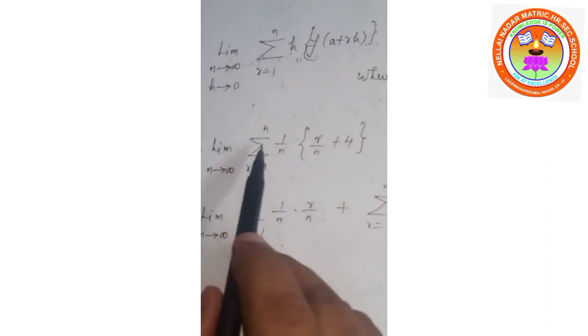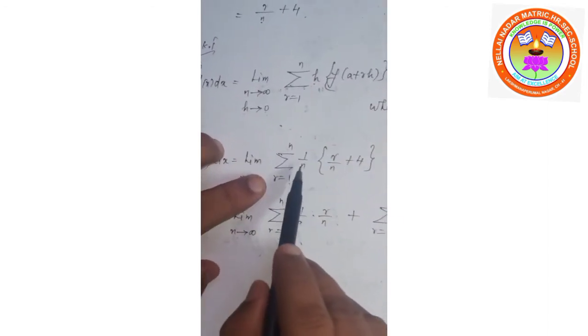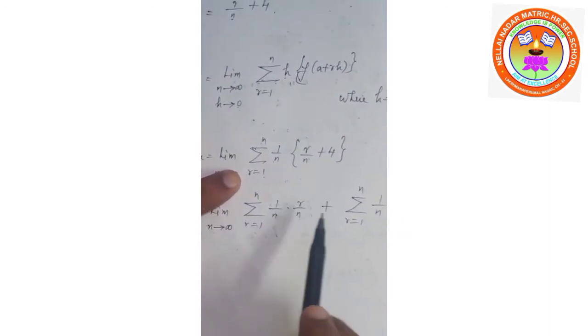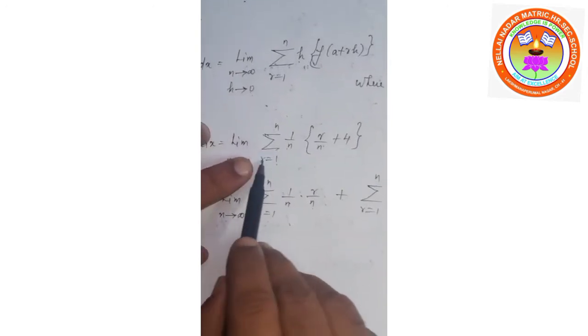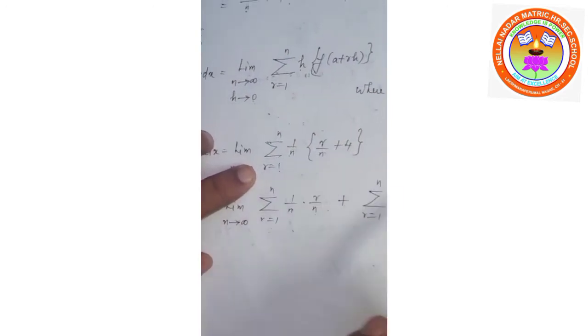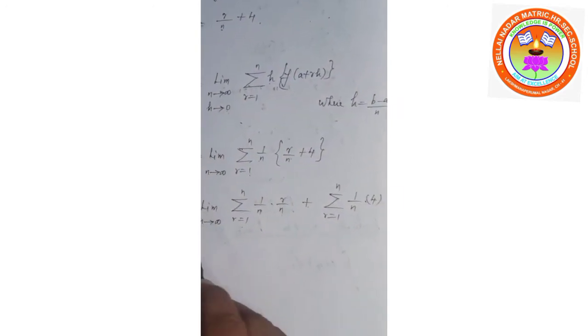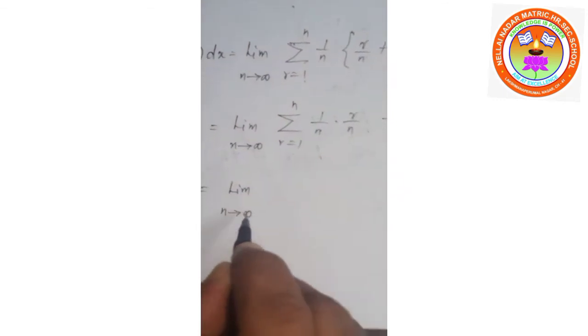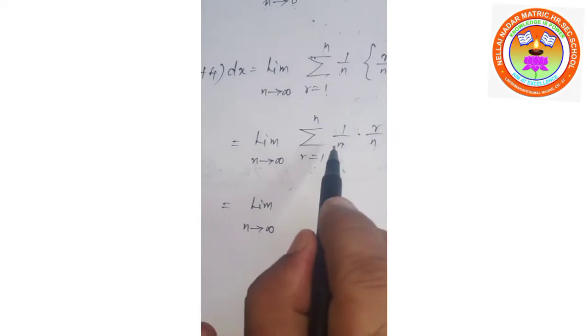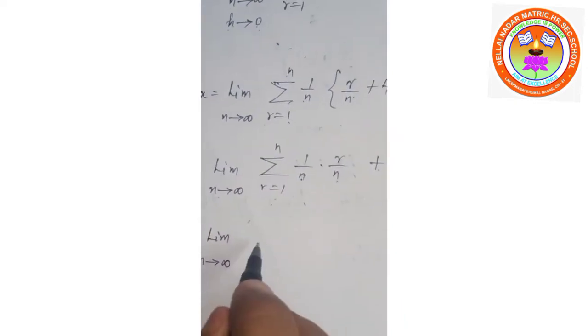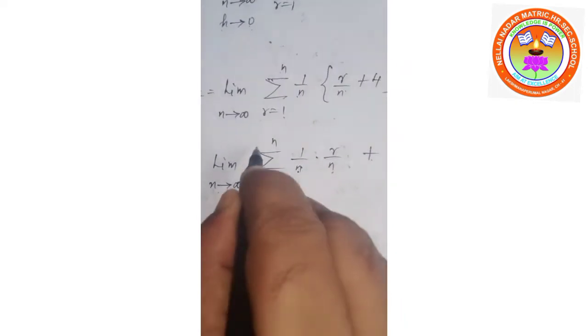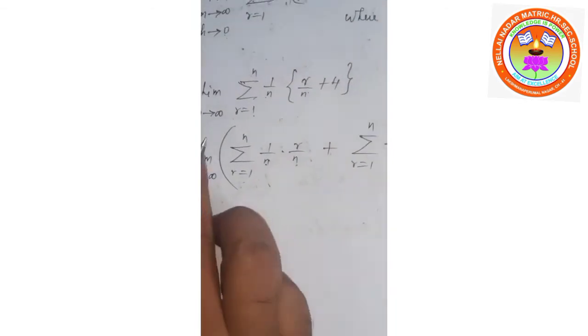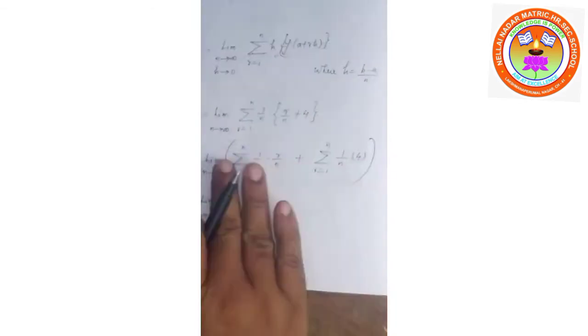Tell you again, sigma r equals 1 to n, 1 by n into r by n, plus sigma r equals 1 to n, 1 by n into 4, equals limit n tends to infinity. 1 by n into n, that is 1 by n square. So limit n tends to infinity is common for both the terms.